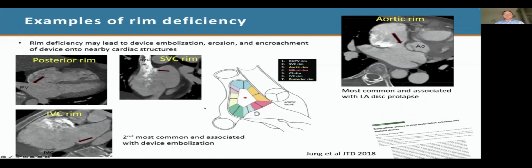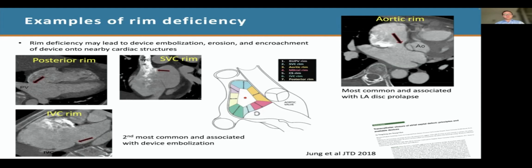So here are a few examples of a rim deficiency. We talked about it a little bit. Everything below 5 millimeters is deficient. The aortic rim deficiency is the most common one, in this area right here, and it is often associated with left atrial disc prolapse and leakage, while the second most common is the IVC rim, here in the lower part of the interatrial septum, and it is often associated with device embolization.